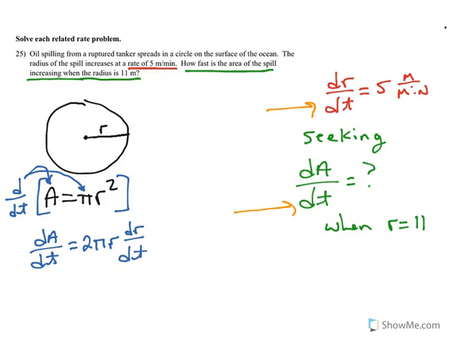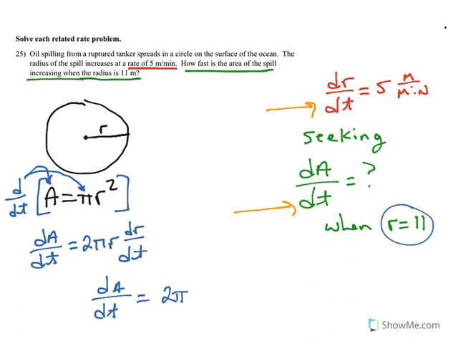Now we have a formula that relates the change in the area and the change in the radius with respect to time. So we can put in what we know and solve for what we're looking for. We're solving for dA/dt, that's the unknown. 2 pi, and what's the radius length going to be?